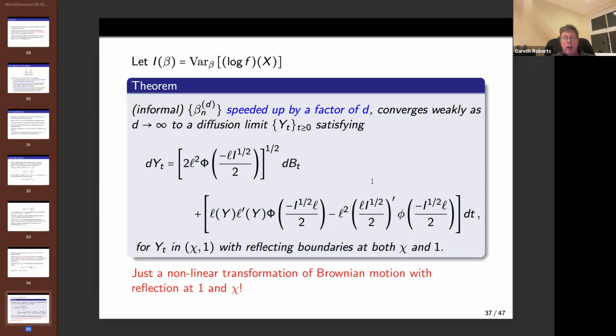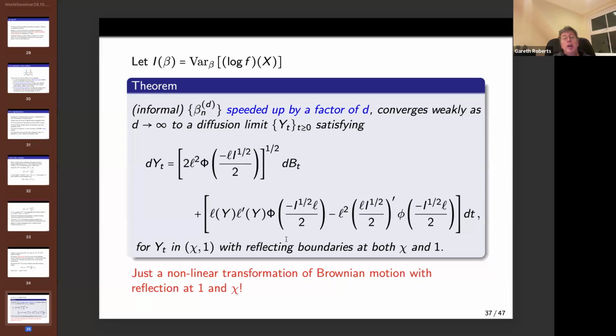If you look at the inverse temperature, and take the limit as dimension goes to infinity in an appropriate sense, then that limit looks like this horrendous looking SDE. It looks like a really horrible thing until I tell you that it's just a nonlinear transformation of Brownian motion. I can't quite remember what the transformation is, but you can work it out if you're interested.